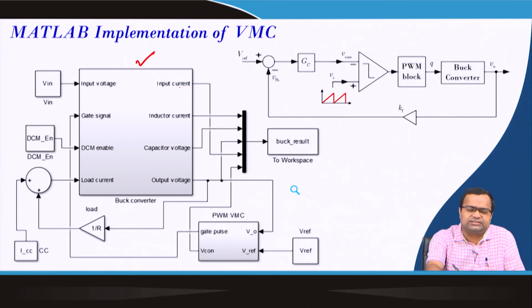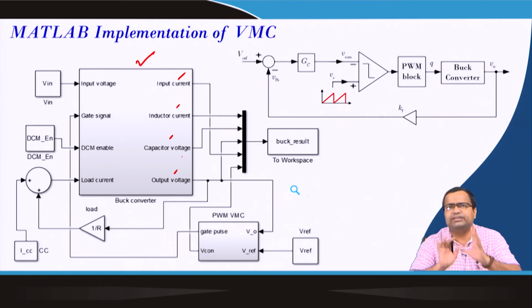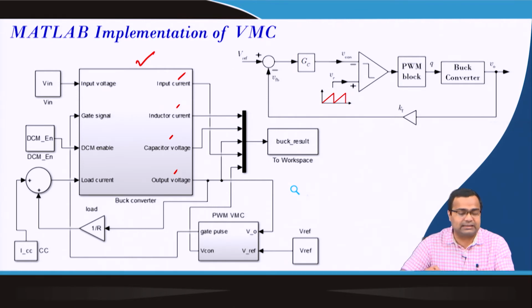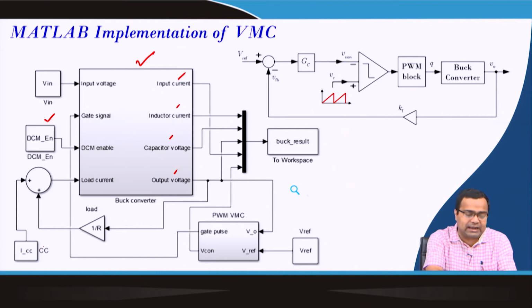Now, we can take everything: input current, inductor current, capacitor voltage, output voltage. This DCM enable is used to choose whether you want a conventional buck converter or a synchronous buck converter. Okay. And here we can add an additional constant current load separately along with a resistive load.